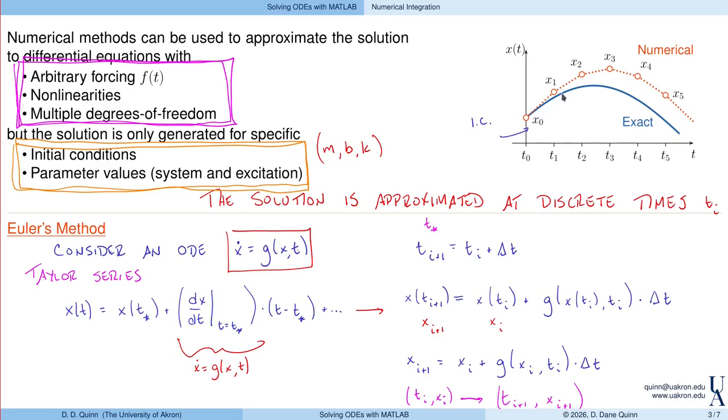So the error begins to build over time. There are more advanced methods that try to help with this accuracy. They have different error properties, they're more accurate, and so forth. But Euler's method really is a starting point for understanding how numerical methods work.